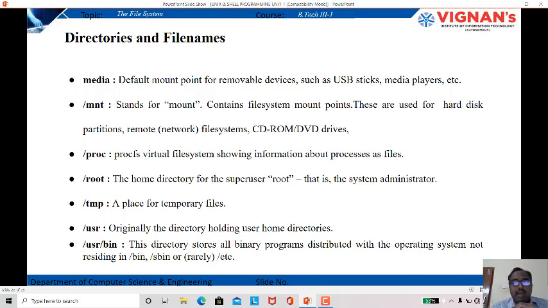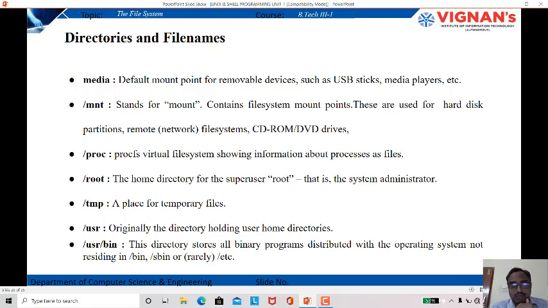The next one is mnt. It stands for mount. It contains file system mount points. Its purpose is for partitioning the hard disks, for remote file systems, for example establishing networks, as well as CD-ROM drives and DVD drives.